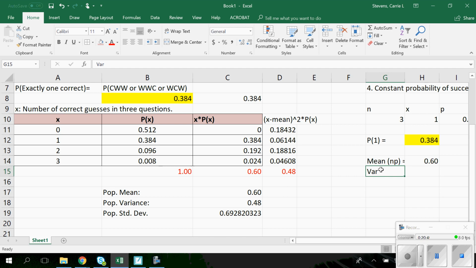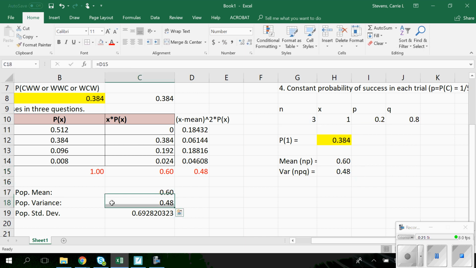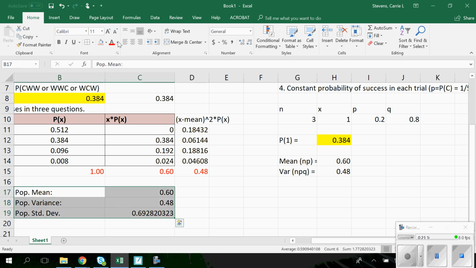The variance, which is npq, is equal to this times q, or you could do the whole thing, n times p times q. And there you have it. You see it's the same. And then of course the square root of that is going to be the same as this. So, pretty cool, right?